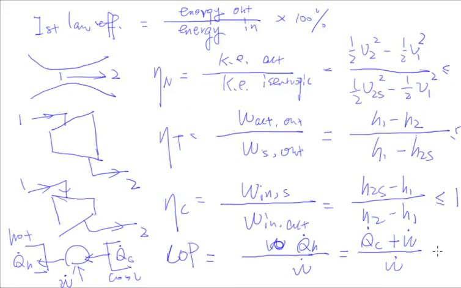This number is always larger than or equal to 1, but it's limited by the best number, which is the coefficient of performance of the ideal cycle, which is reversible.